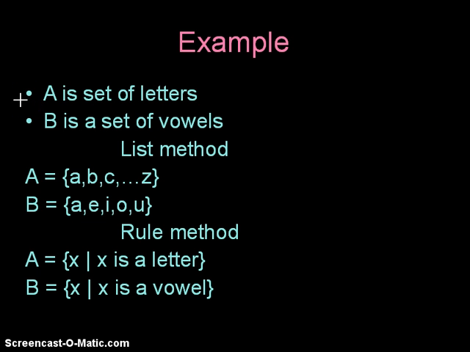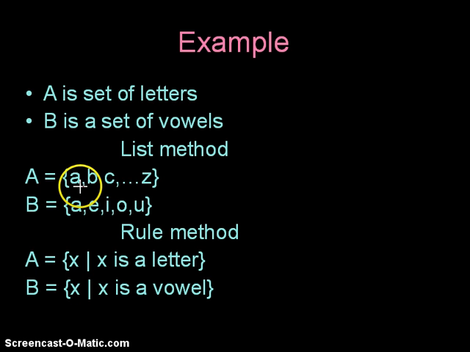Let's have set A as a set of letters of the English alphabet, because we are familiar with that. B is a set of vowels. From this description, we can use the listing method in writing sets. So we have set A. Since set A is a set of letters, we have letters from A to Z of the English alphabet.